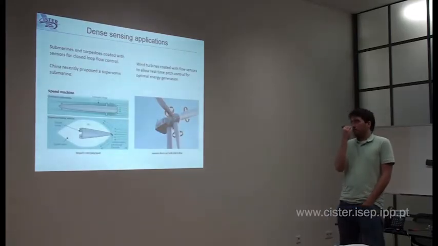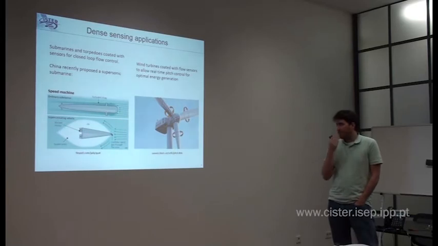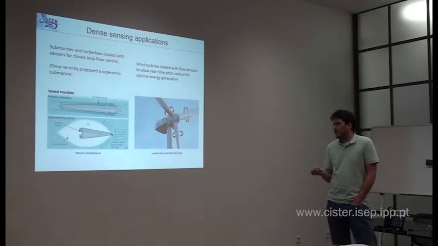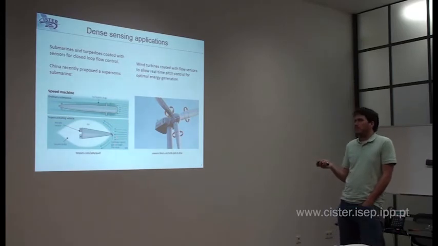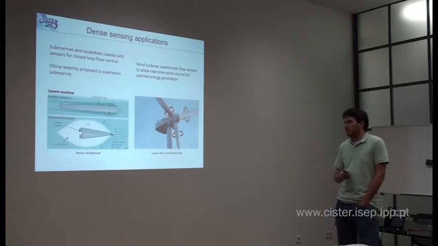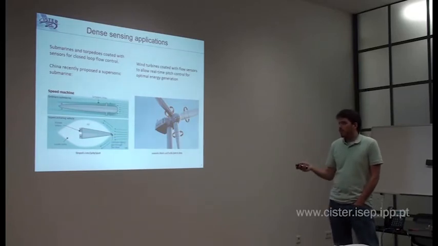Other applications: recently China came with this supersonic submarine concept. It already exists in torpedoes and so on, where they create a bubble around the submarine, or whatever is going through the water, and they control this bubble.